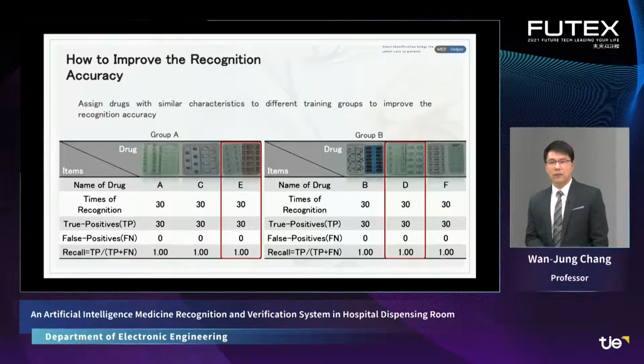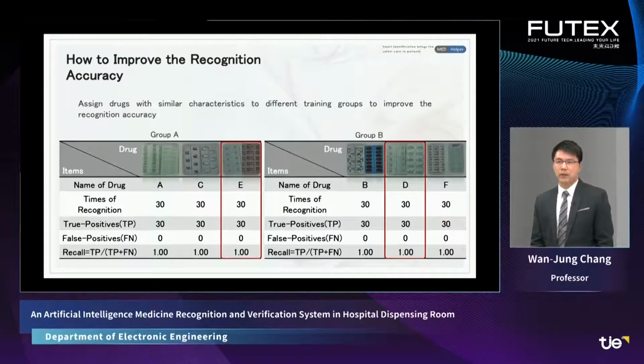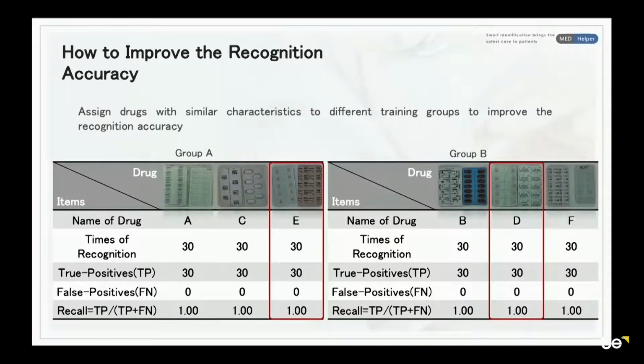To resolve these problems, we try to assign drugs with similar characteristics to different training groups to improve the recognition accuracy. As you can see in these two tables, when drugs D and E are assigned to different groups, the identification accuracy of the two drugs can be increased to 100%.